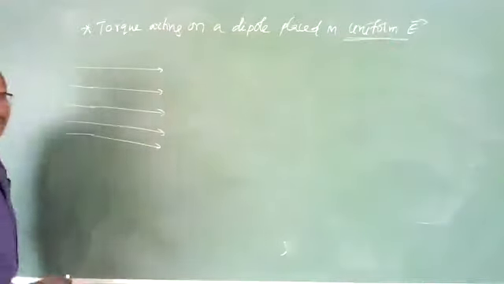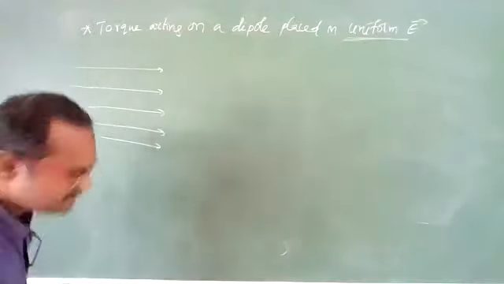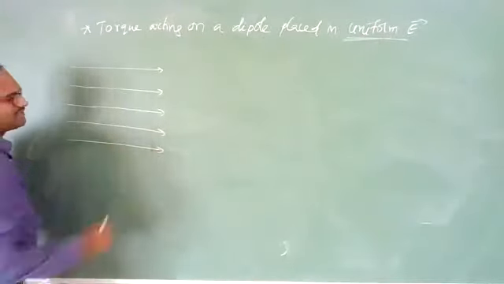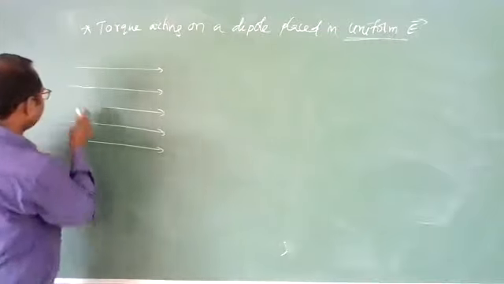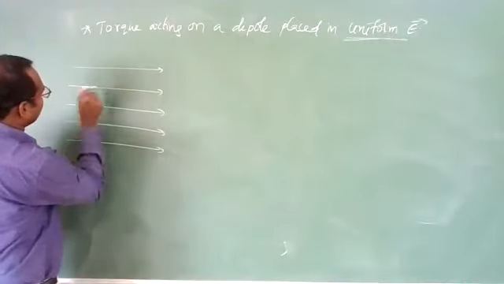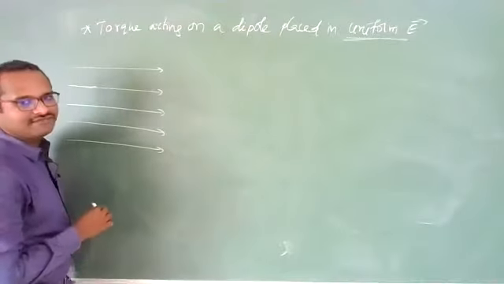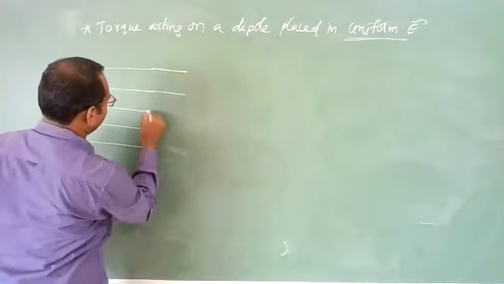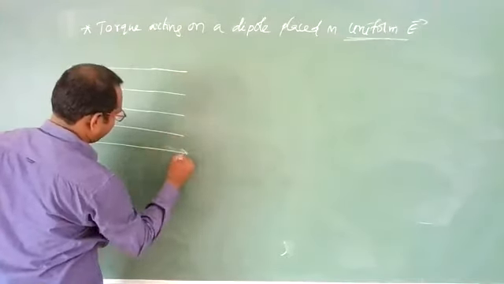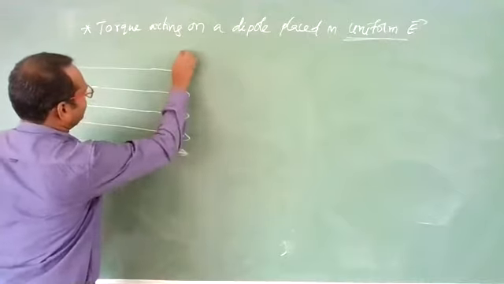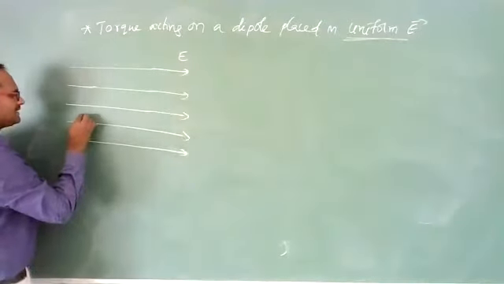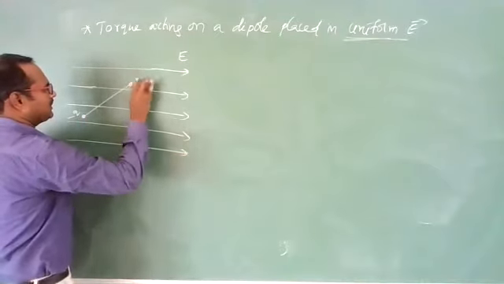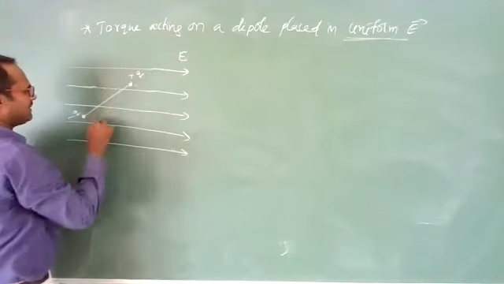Inside this uniform electric field, let us place a dipole. See, the spacing between these lines I am showing you is the same. Now here inside this electric field, let us place a dipole. Dipole means a negative charge and a positive charge separated by some distance.